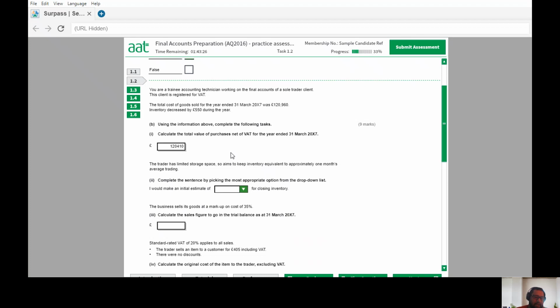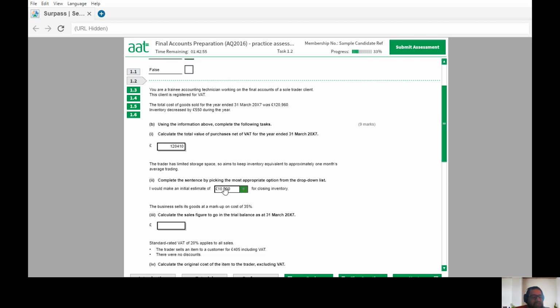It is going to be divided by 12, isn't it? If you divide by 12, you'll find 1 month's worth of purchases. So the inventory value is going to be closer to 10,000 pounds, because this is the per year figure, which means the purchases. Your inventory will be valued from whatever you're purchasing. That is 12 months' worth of purchases, so 1 month's worth of purchases is just divided by 12.